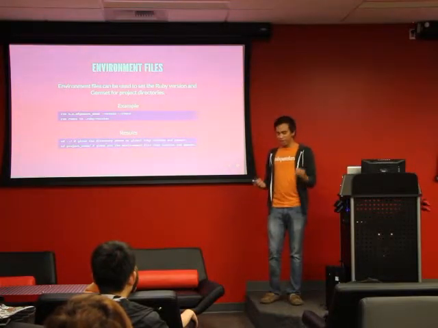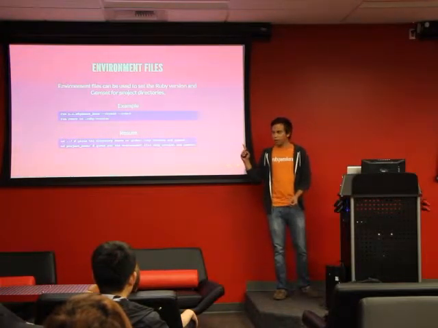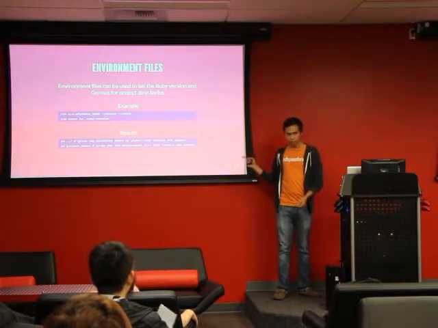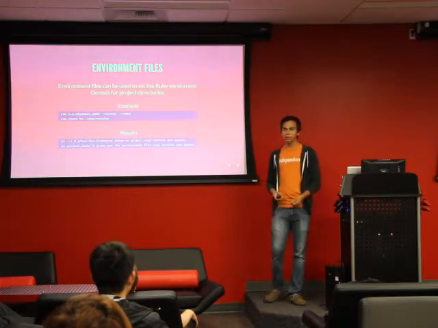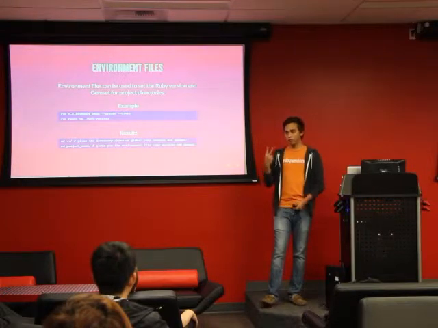And just to make it even nicer, I decided to convert that nice configuration file to a .ruby-version. And what that will do is I will take that configuration file and change it into two separate files.